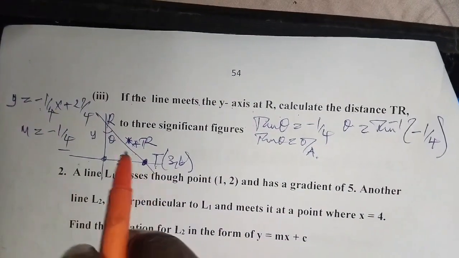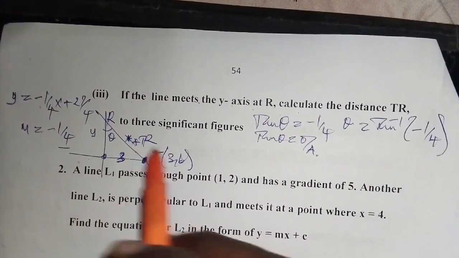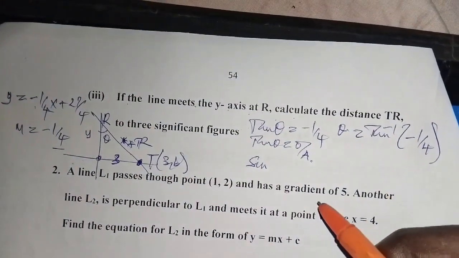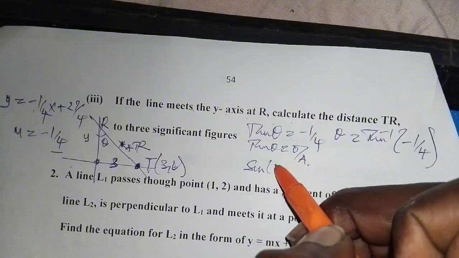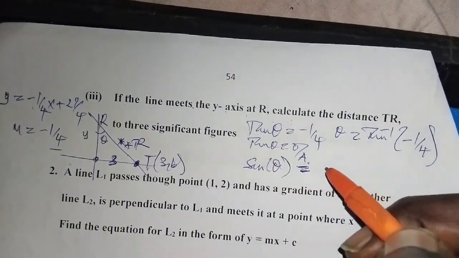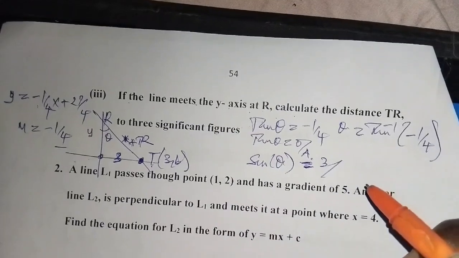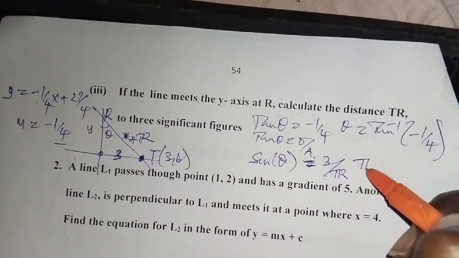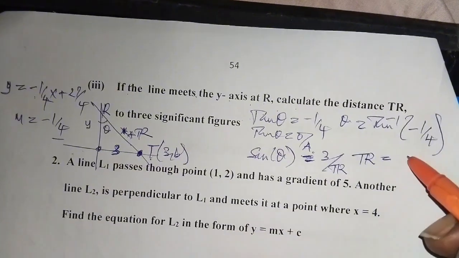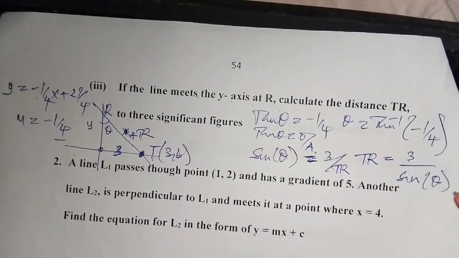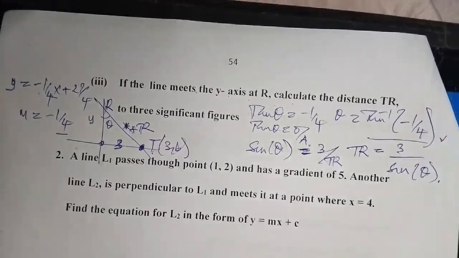So 3 units is the opposite, then you have the hypotenuse. So you can say the sine of your angle theta, which is the opposite side, 3 units, over the hypotenuse, which is TR. So your TR will be 3 divided by the sine of the angle theta which you got at this point.